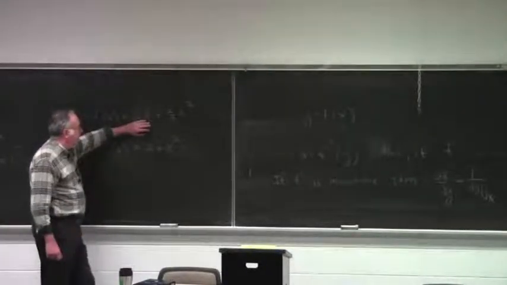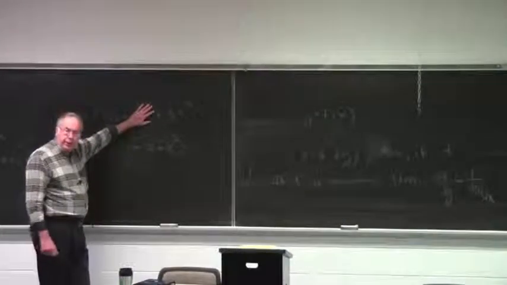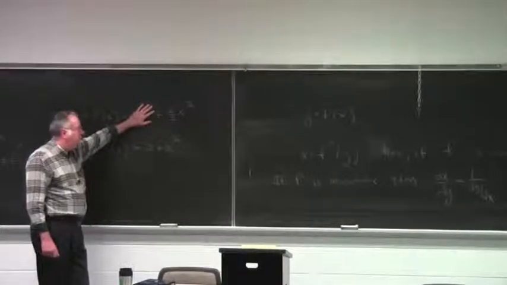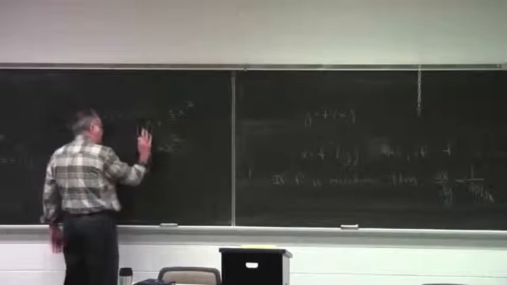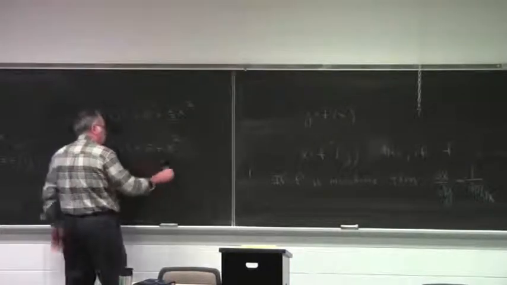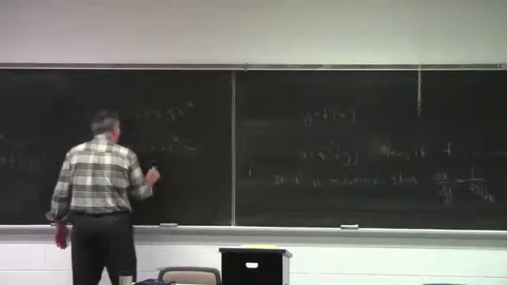You would have a little problem if we didn't have this 2x term. Then what would be the problem? Suppose I change this problem to this. But let me just finish this off. This is greater than 0 for all values of x.